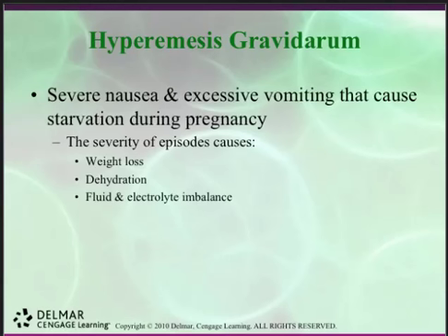Hyperemesis gravidarum is severe nausea and excessive vomiting that cause starvation during pregnancy. The severity of the episodes can cause weight loss, dehydration, and an imbalance in fluid and electrolytes. It's also believed to be caused by elevated hormone levels similar to those seen in morning sickness.